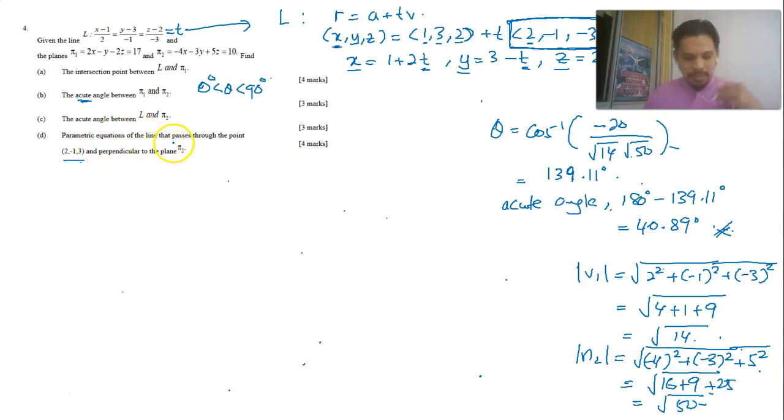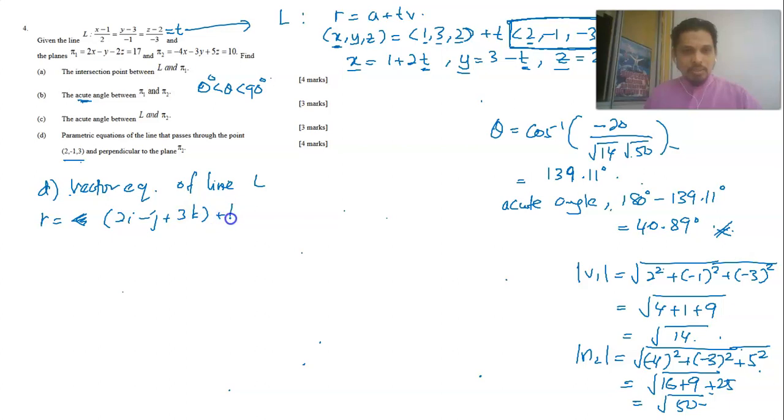So the vector equation of line L is, let's say, r equal to 2i minus j plus 3k plus t times v, where v equals -4i minus 3j plus 5k.